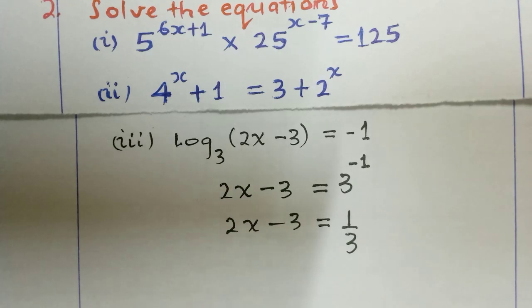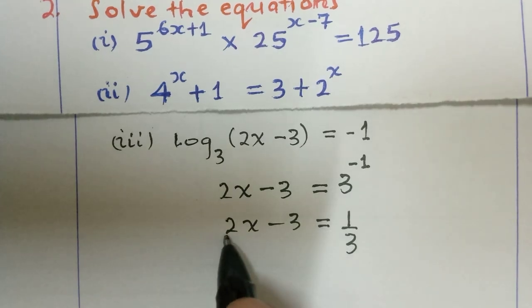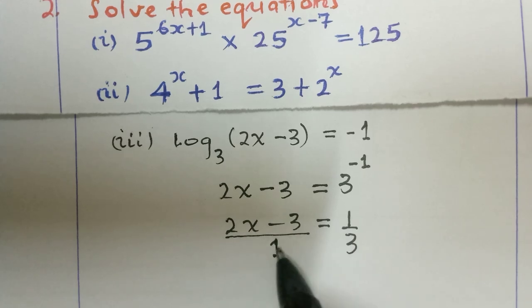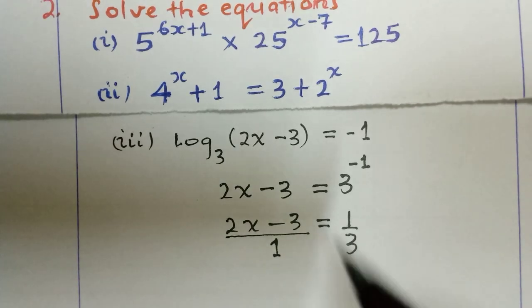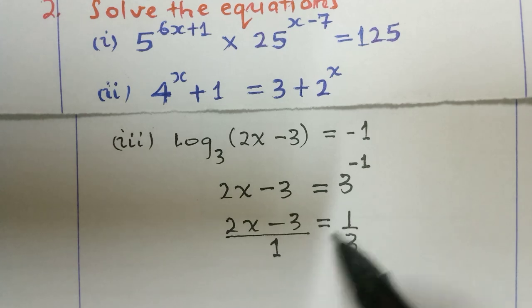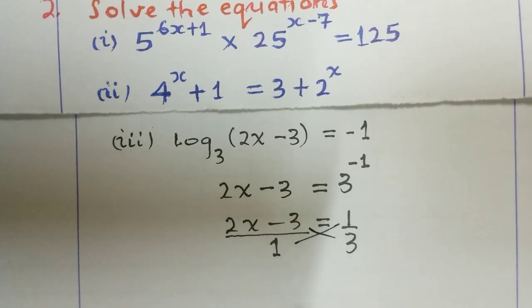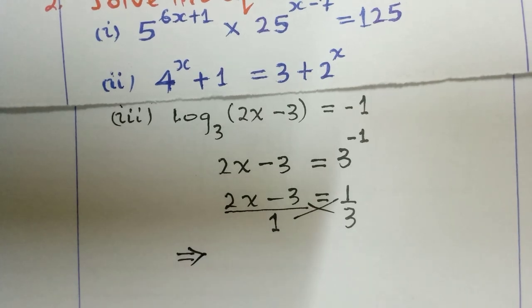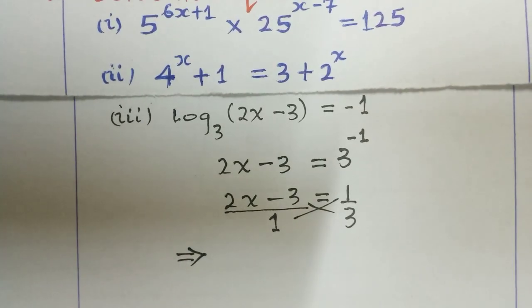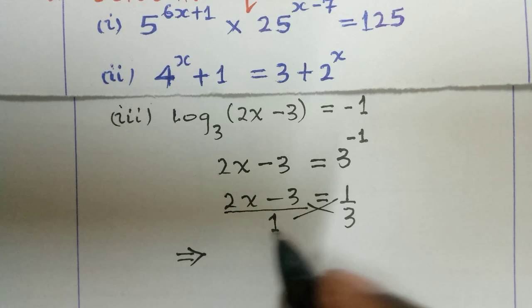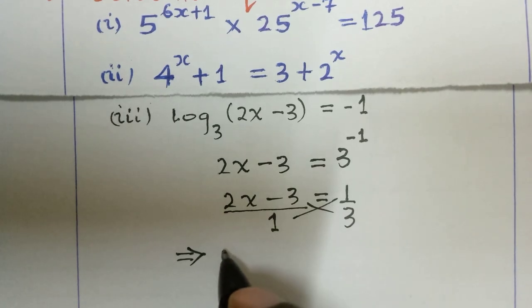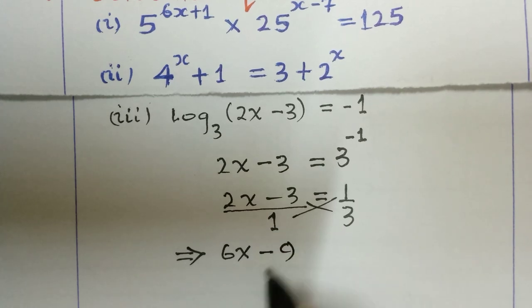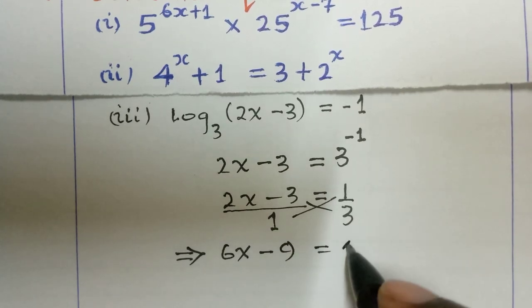Now from there guys, we can do what we call cross multiplication, because this one is like it is divided by 1, because the 1 is not a must, it should be there. So we cross multiply that. So this one we are going to have 2x minus 3 multiplied by 3. That one you get 6x minus 9 is equal to 1.